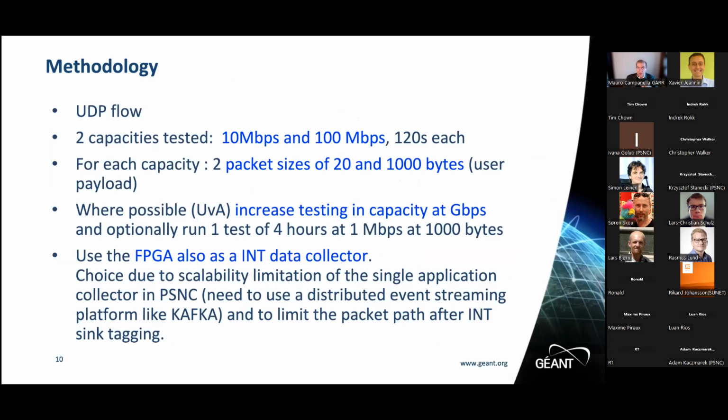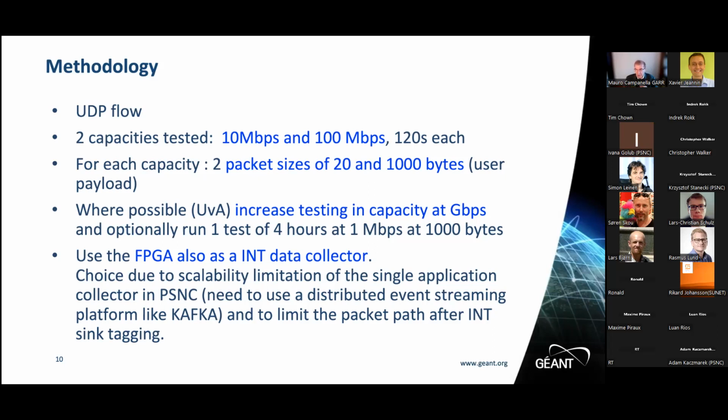So the methodology we used is a UDP flow, and we tested two capacities from each side to start with, 10 meg and 100 meg. These capacities are just to understand if low speed or medium-high speed has any difference between them.